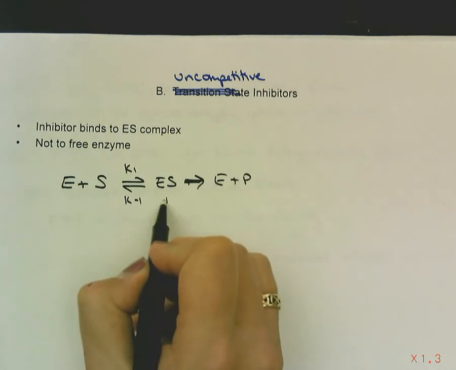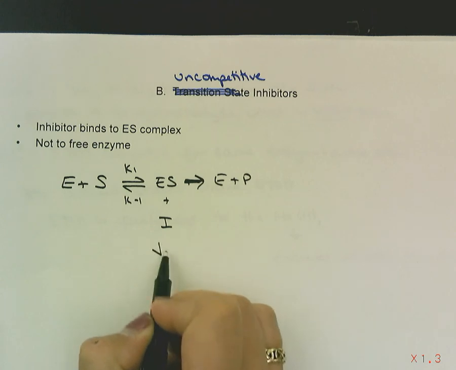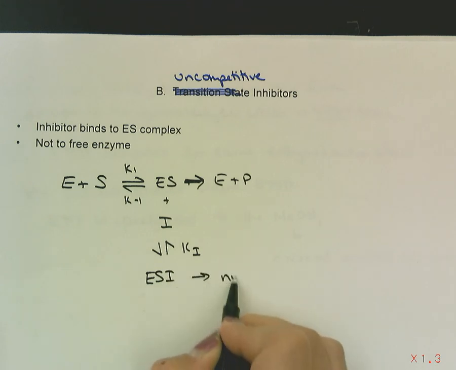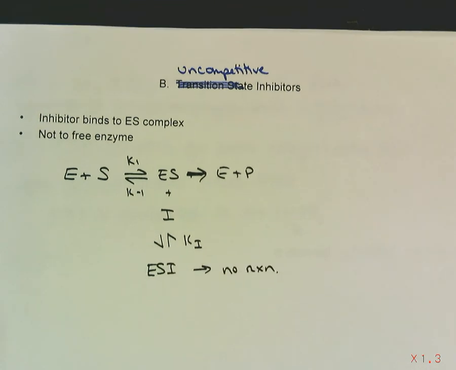I'll leave you guys hanging. So in uncompetitive inhibition, you have to get to the transition state before the inhibitor can bind. Then it makes this new ESI that cannot carry on. It makes no more reaction.